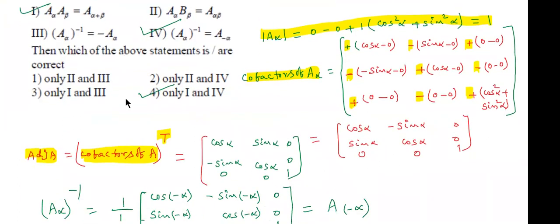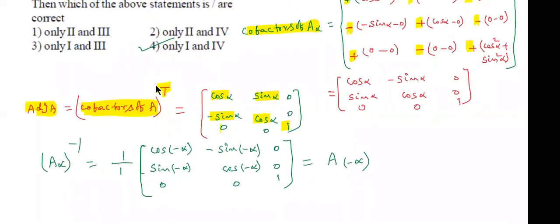But this is not A alpha; this is the cofactors of A alpha. For the adjoint of A, we got cos alpha, sin alpha, 0; minus sin alpha, cos alpha, 0; 0, 0, 1. But that type of matrix is not there in the options.